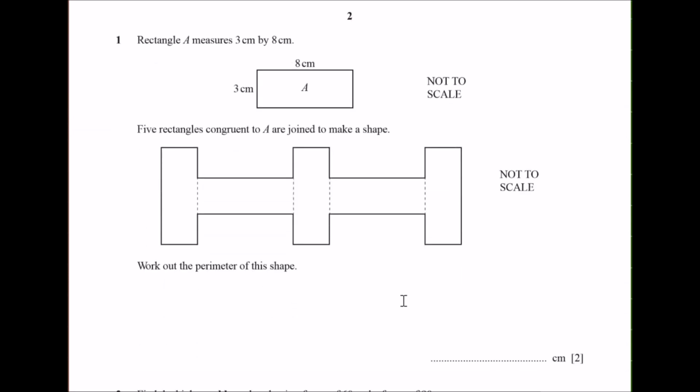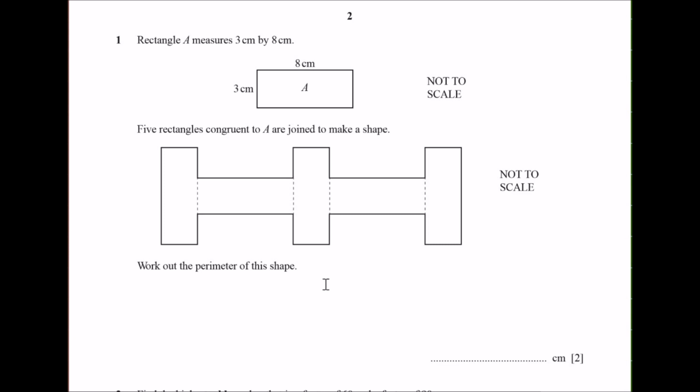So let's start with the first question. It says rectangle A measures 3 centimeter by 8 centimeter. You can see the diagram here. 5 rectangles congruent to A are joined to make a shape. Work out the perimeter of this shape.